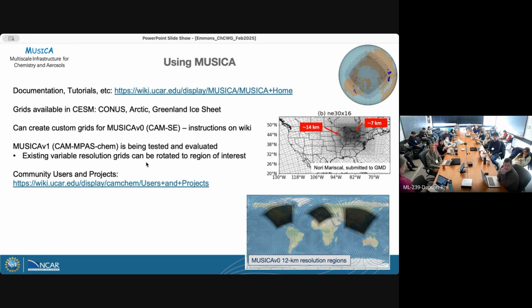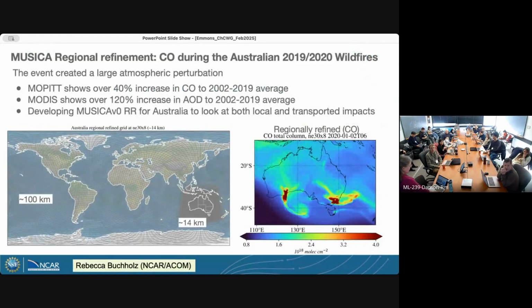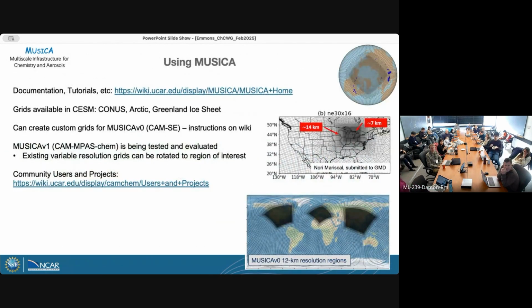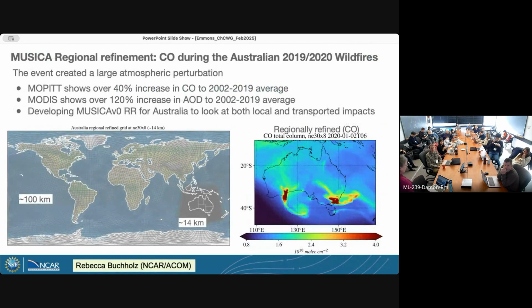Musica V1 is being tested. I'll say a little bit more about that in a bit. And you can put multiple regions into one grid. I've tried that.